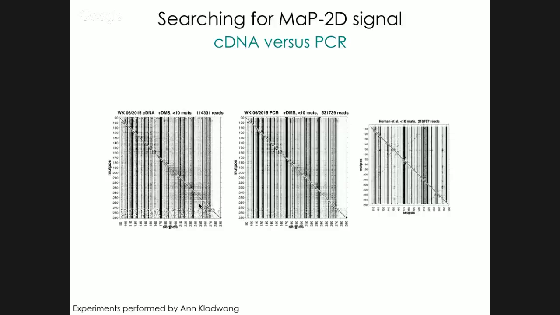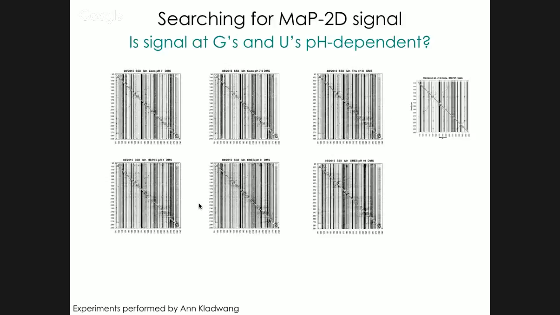Another hypothesis that we sought to test was something that Riju noticed, which is that there are chemical mapping correlated signals that involve G's and U's in the data. This was kind of surprising because you'd expect that DMS can only modify at A and C residues, and so there shouldn't be mutations caused by adducts forming at G's and U's.